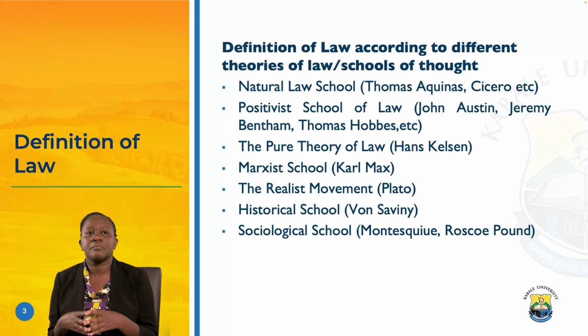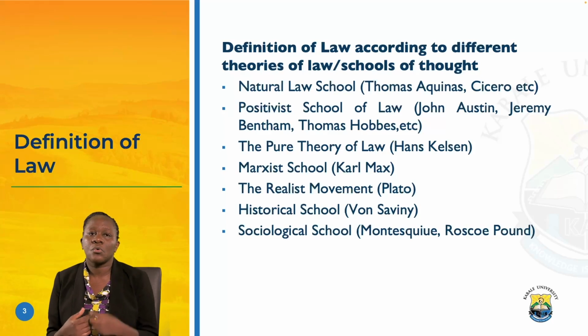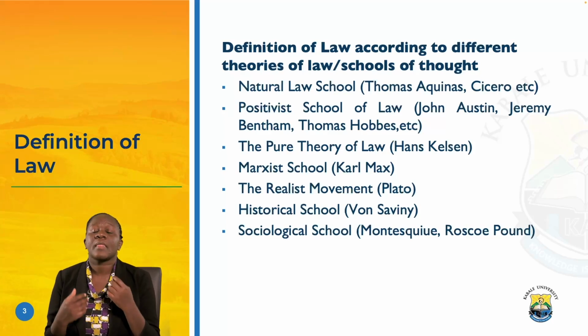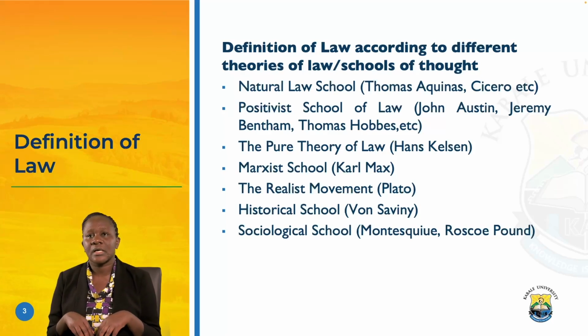That law shouldn't be based on ideas of probably what might happen in the future or what is anticipated, but rather what is real on ground, so that the circumstances on ground should really inform and dictate what the law is.